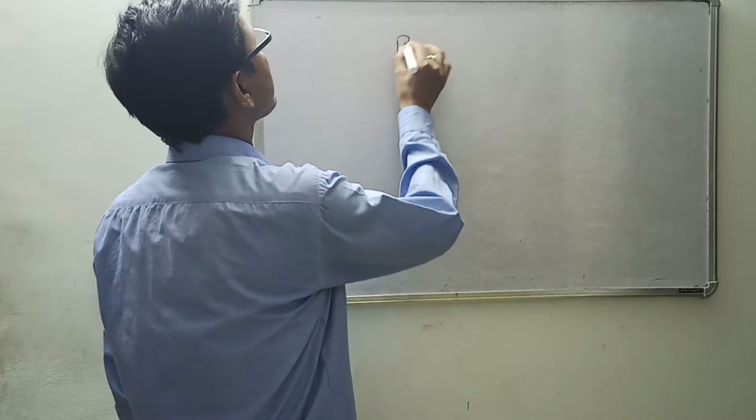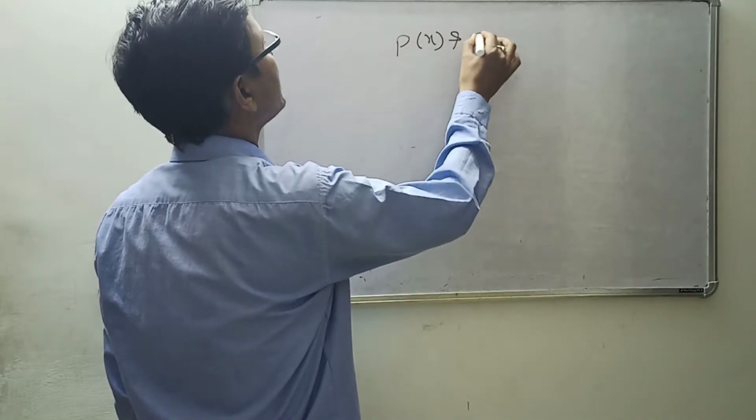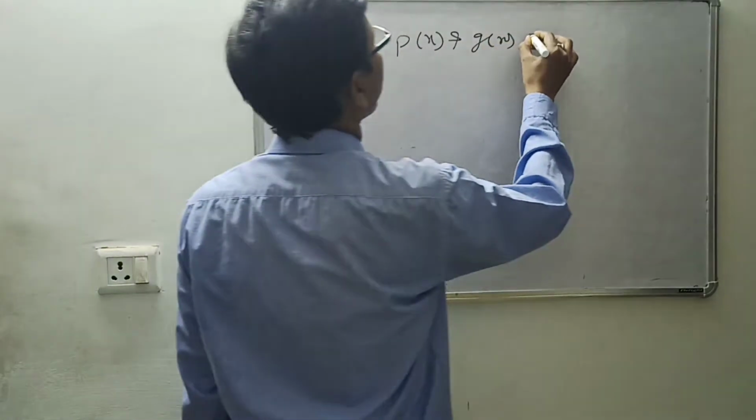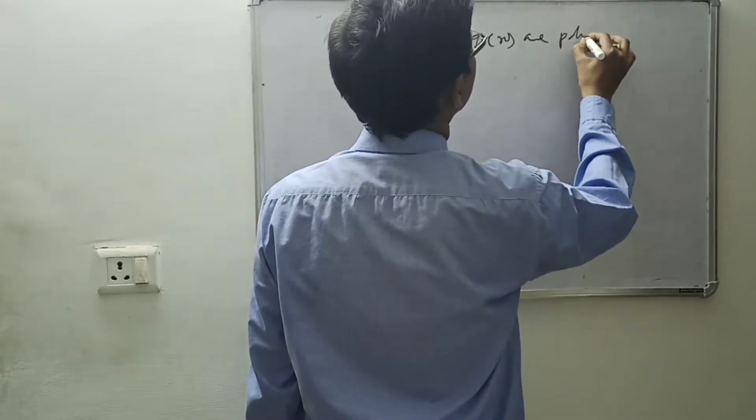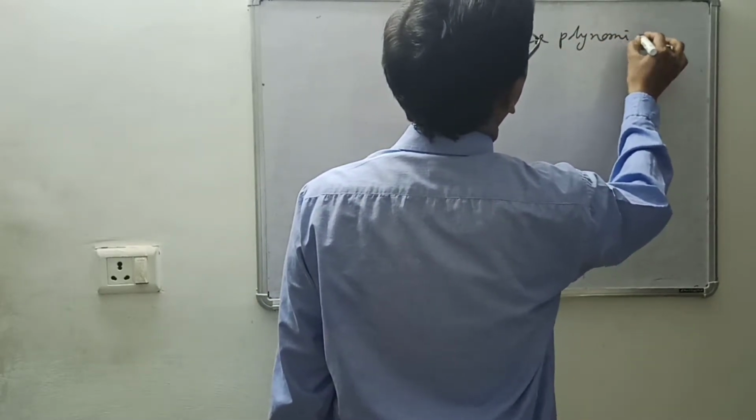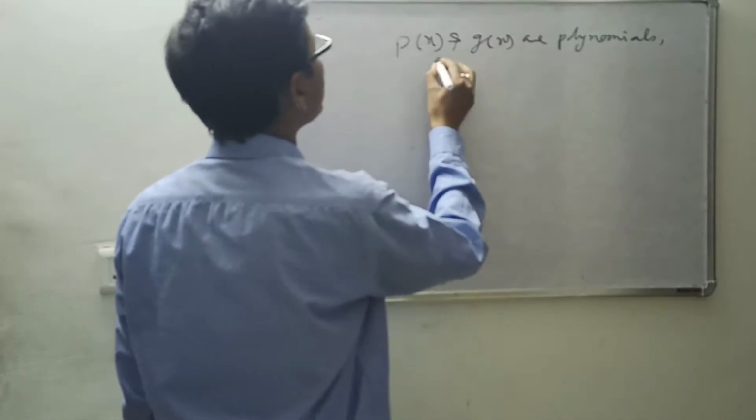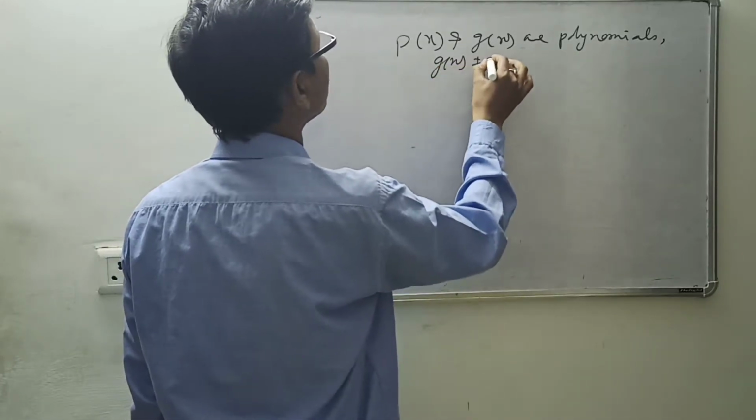Let P(x) and G(x) be polynomials, where G(x) should not be equal to 0.